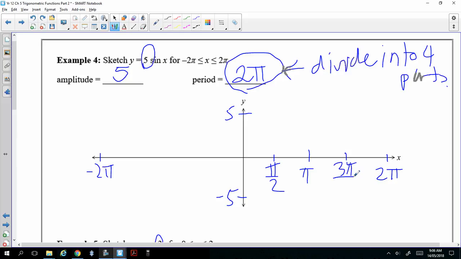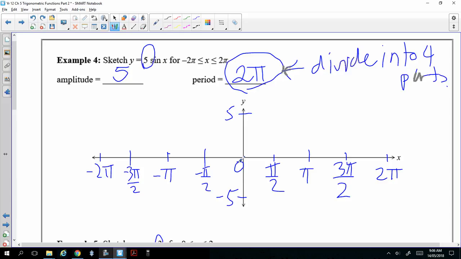And do the same thing for the other one. Locate the middle, negative pi, negative 2 pi. And then locate the middle again, negative pi on 2. Locate the middle again here, negative 3 pi on 2. Done. So we got our scale. Now we're going to draw the graph. Let's draw it in green.